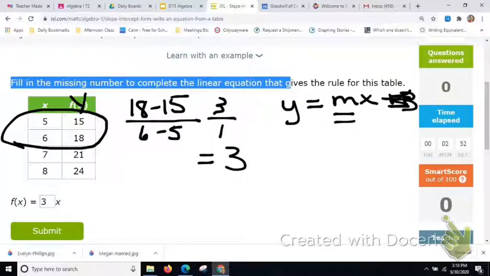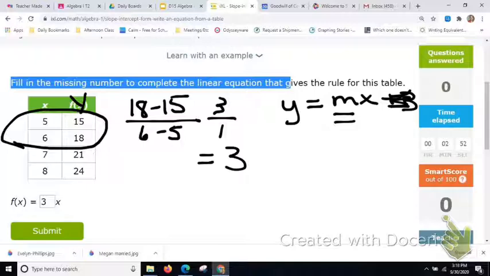All right, so in this case, I think most of you would just look at it and see, oh, they're multiplying by 3. But if it wasn't super obvious, I could use what I know about slope because it's still the same idea. By the way, you could pick any 2 points in the table and it would still give you the same answer.